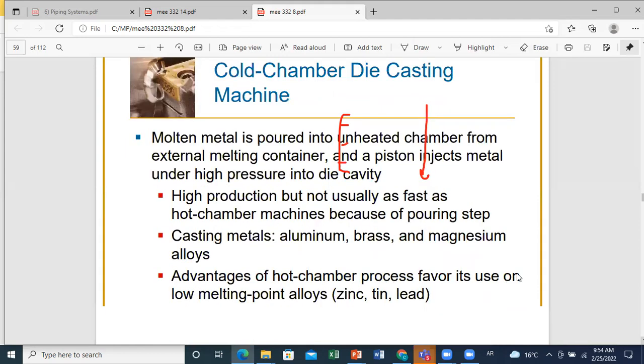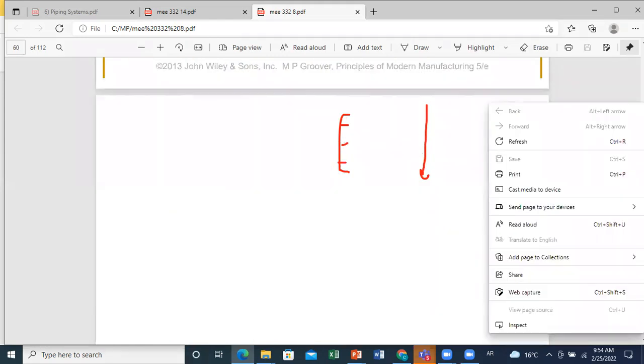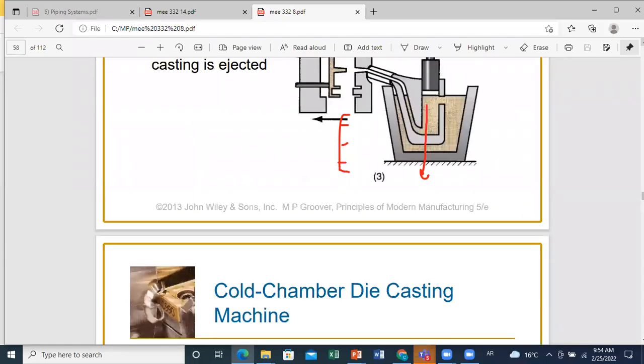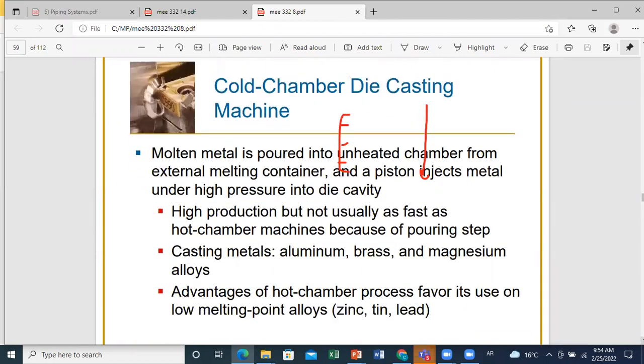Now, another type of die casting is the cold chamber die casting machine. In this type, molten metal will be poured into an unheated chamber from an external melting container, and the piston will inject metal under high pressure into the die cavity. So we have some common things between cold and hot.